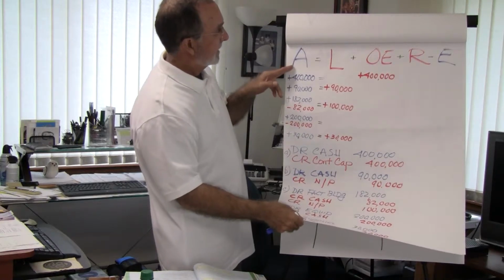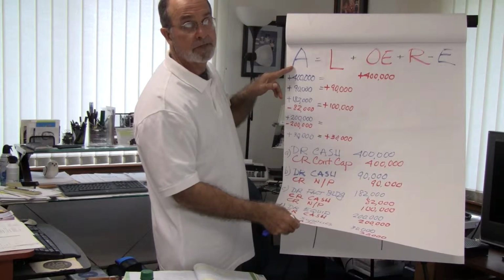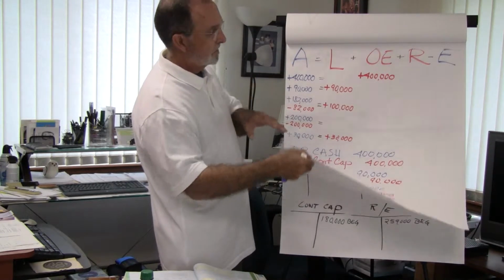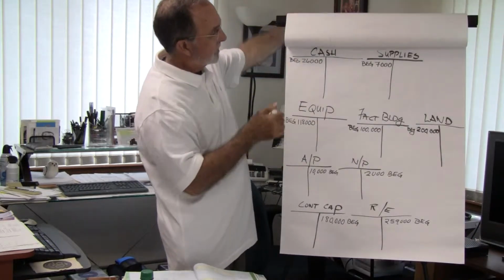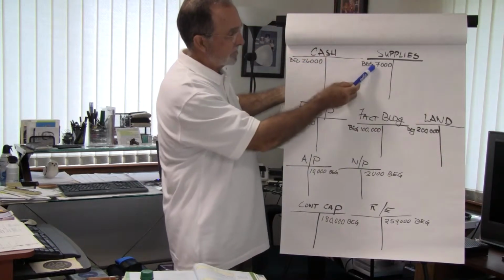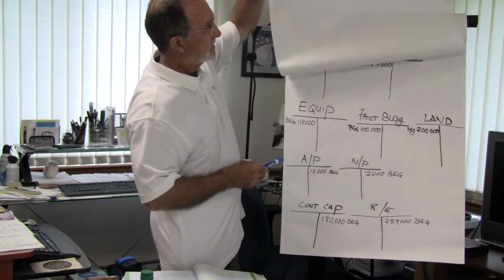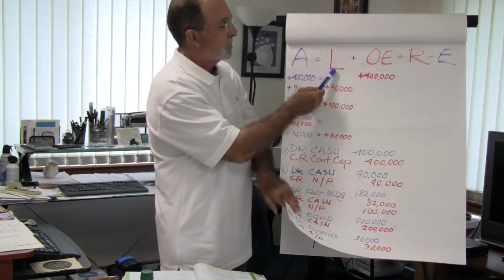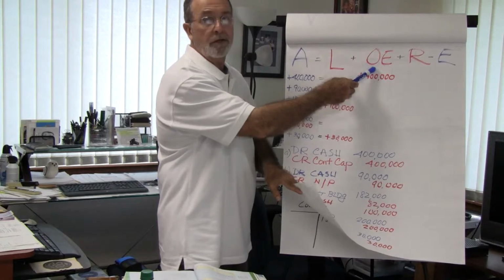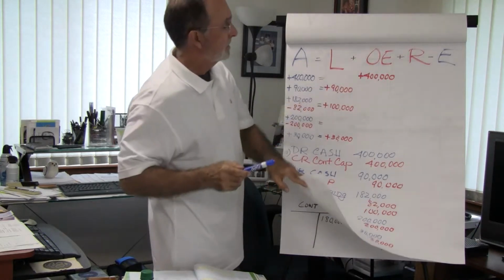Again, assets are debit accounts, so all of the asset beginning balances are debits, and liabilities and equity are credit accounts.